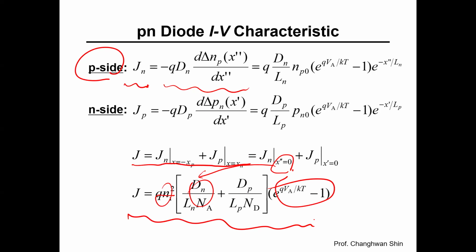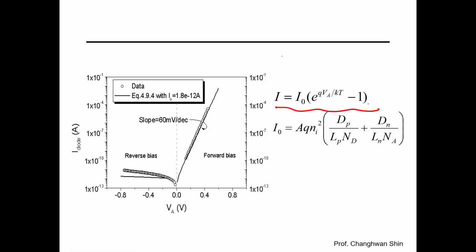This is the ideal diode equation, often written as I equals I_0 times exponential qV_A over kT minus 1, where I_0 indicates the saturation current density. The relationship between current and voltage is highly nonlinear due to the exponential term. This is why diodes act as one-way conductors: a small positive voltage leads to a large current, while a negative voltage results in a tiny reverse current.